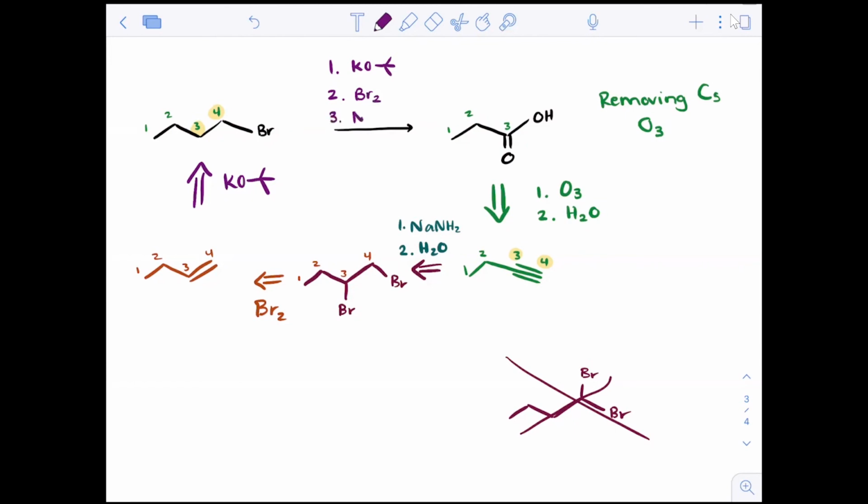We can take that alkene and make it a triple bond. Terminal alkyne, so you need to, in the double elimination, reprotonate. And then final step, ozonolysis. Chop that triple bond up and make it a carboxylic acid.